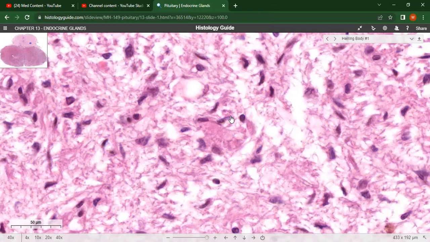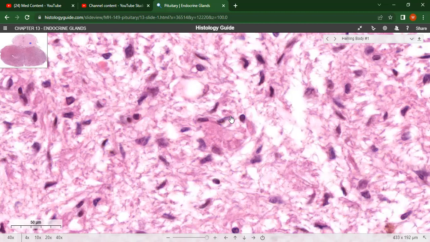Remember, the supraoptic and paraventricular nuclei usually produce two hormones, oxytocin and antidiuretic hormone. I want you to go and thoroughly do research on which hormone is produced from which nuclei.